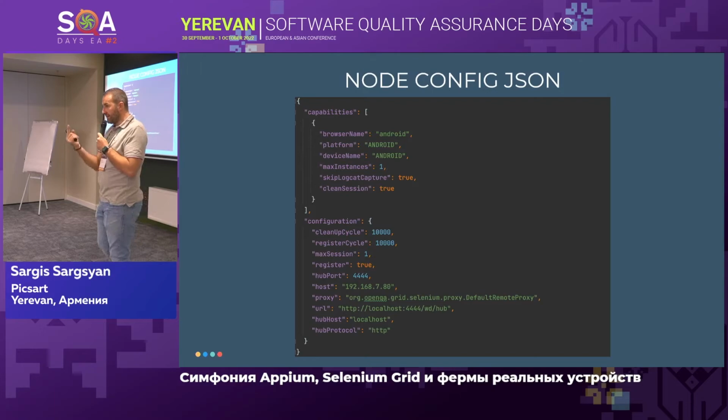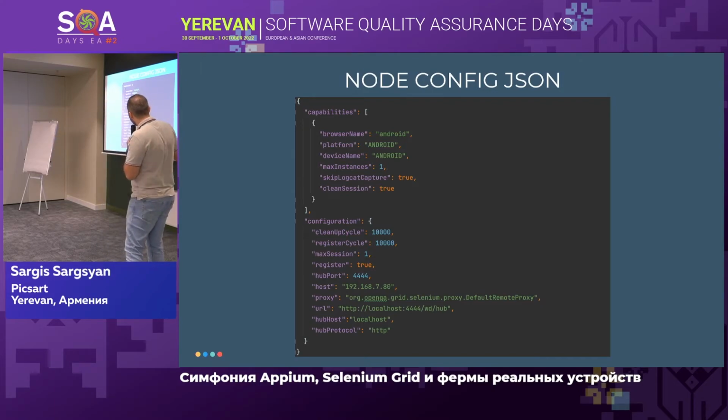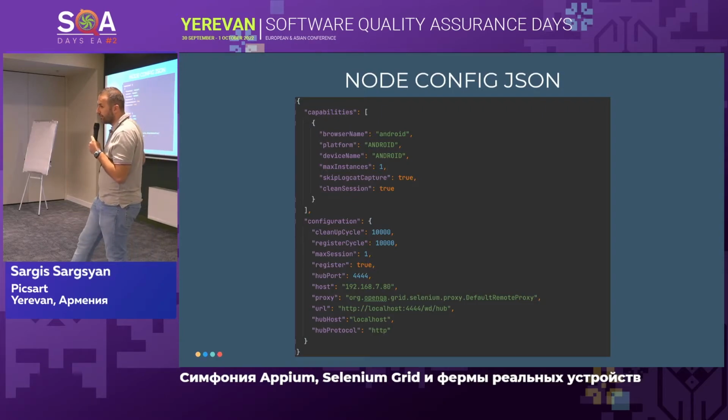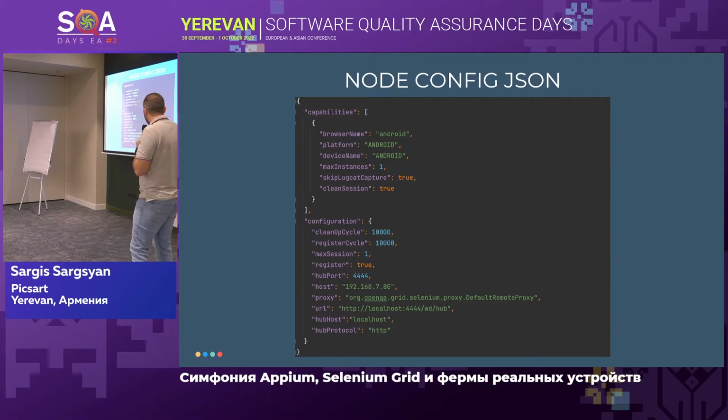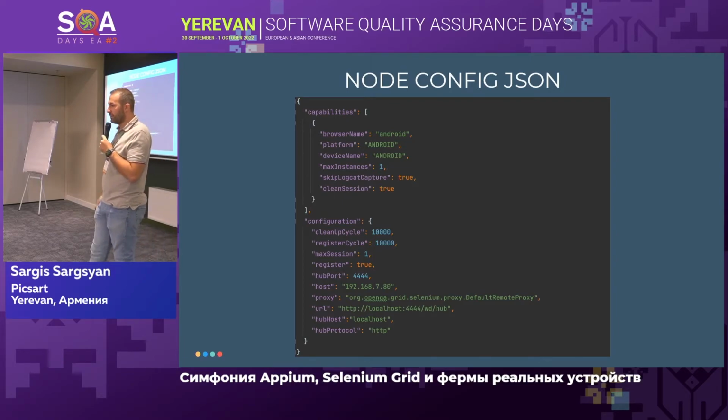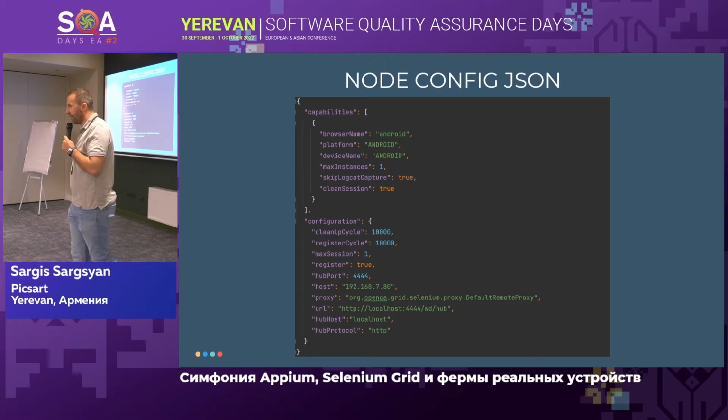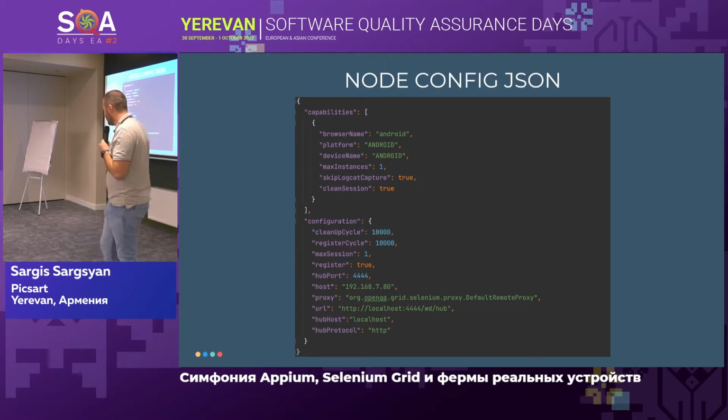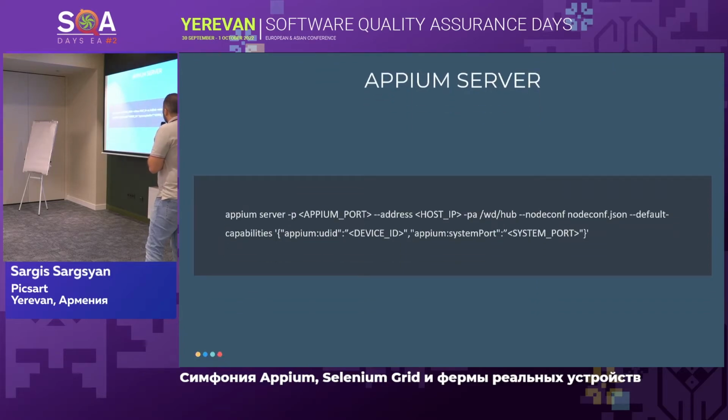Basically, one device can run one thread of the test. We cannot do parallel running on one device. So there is cycle registration timeout. Here we have to write the machine IP. So this was my machine IP when I was testing. And then we write the URL, which will be responsible for the running endpoint for the remote driver.